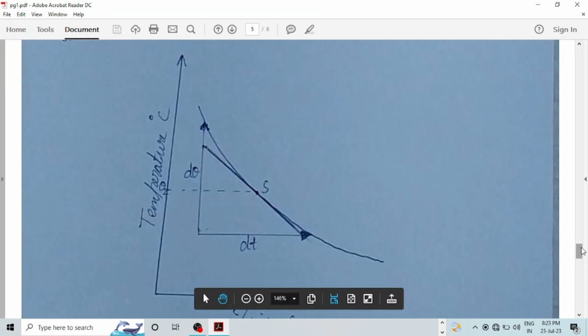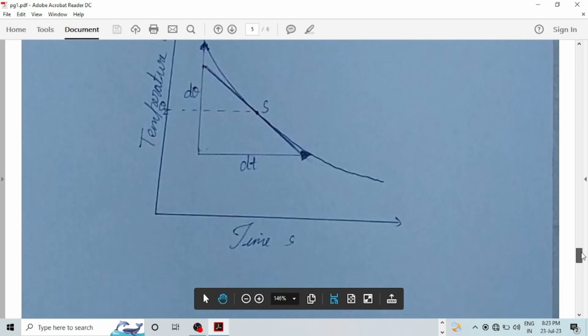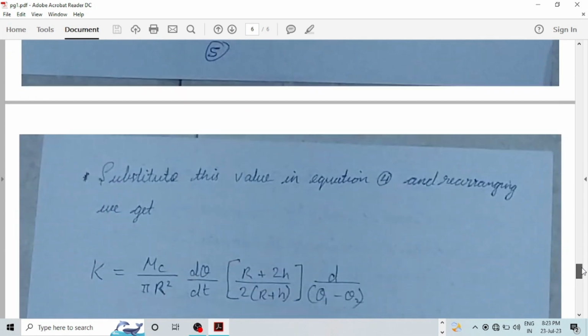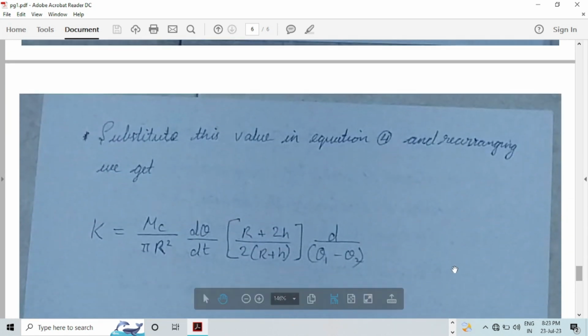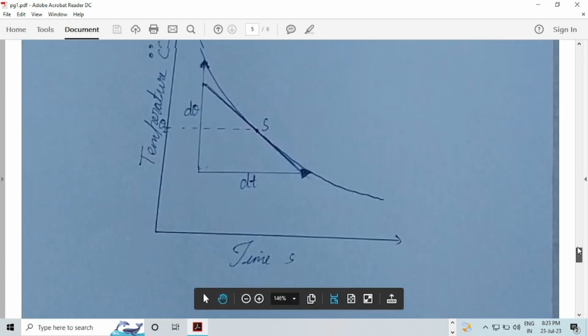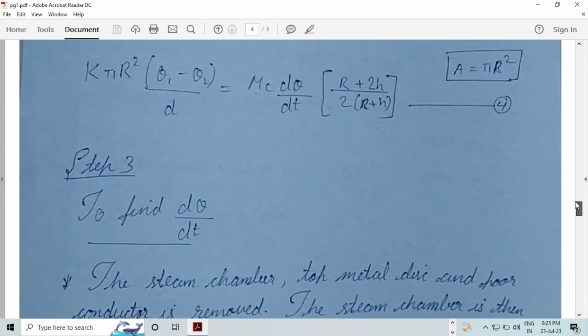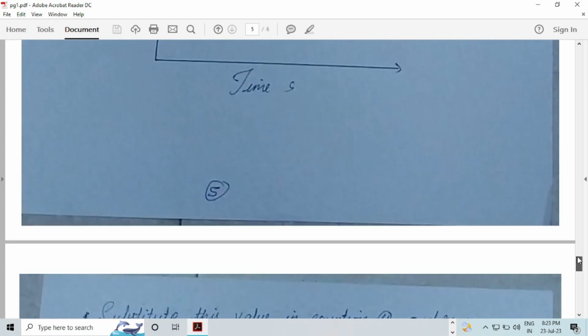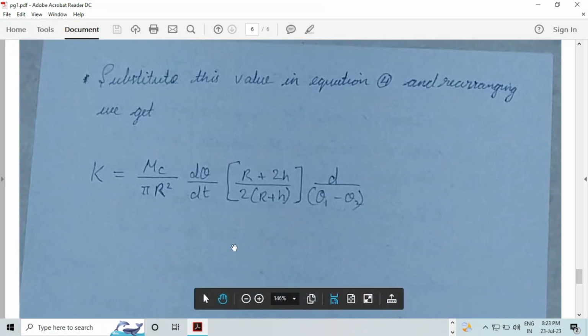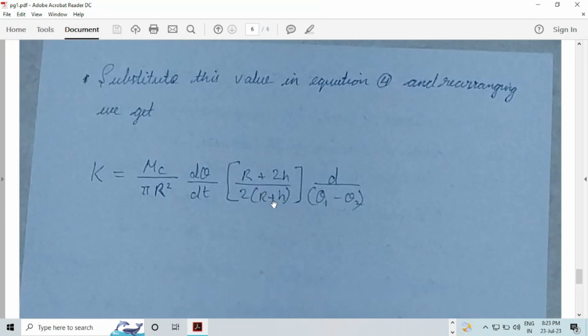On substituting this in the above equation, in our equation number 4, we get K is equal to mc d theta by dt into r plus 2h by 2 into r plus h into d by pi r square into theta 1 minus theta 2.